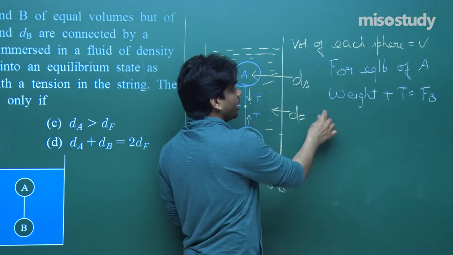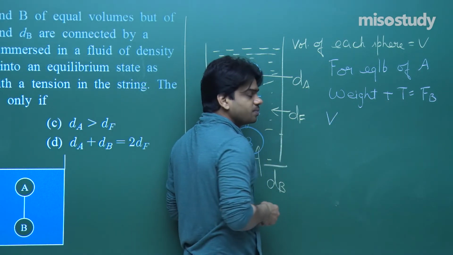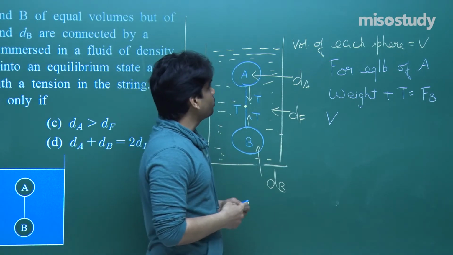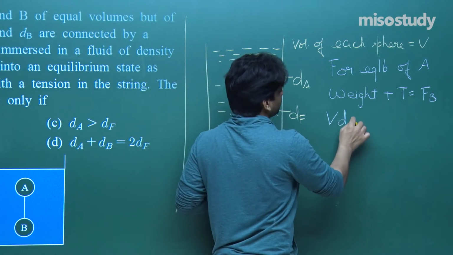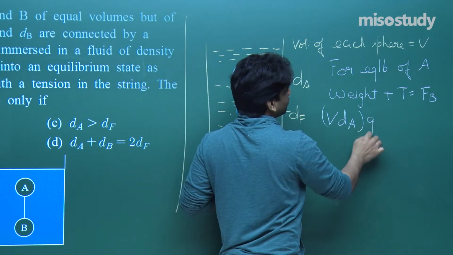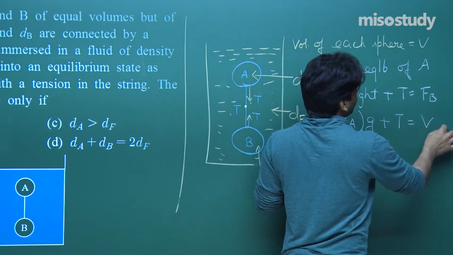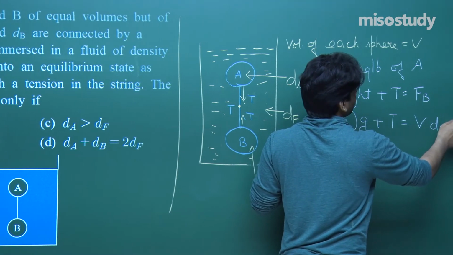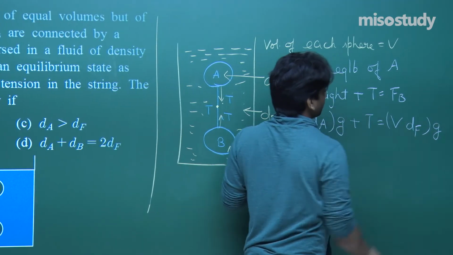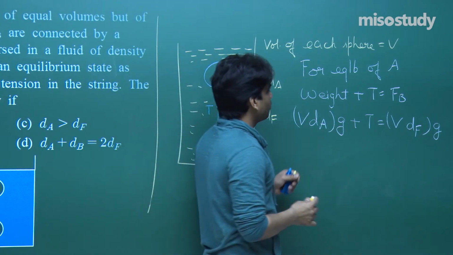So weight is volume V into its density dA into gravity, plus tension T is equal to the buoyant force, so volume into density of liquid into gravity. So we got this equation number 1.